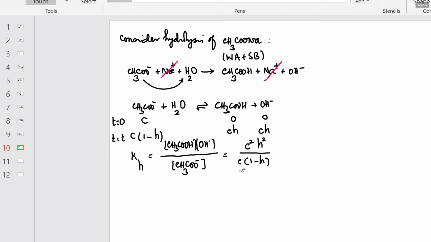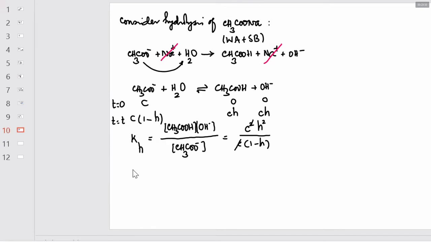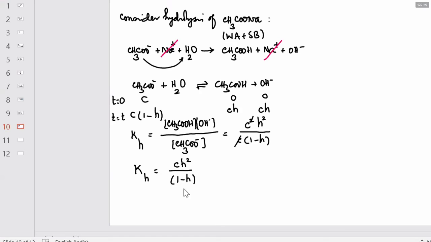This is called C square. You can recall the Ostwald dilution law. Okay, sir, we are getting a similar type of expression. Kh is equal to Ch square by 1 minus h. No, sir, this is the story of weak electrolytes. Therefore, since the acid is weak, the degree of hydrolysis is very much less than 1.